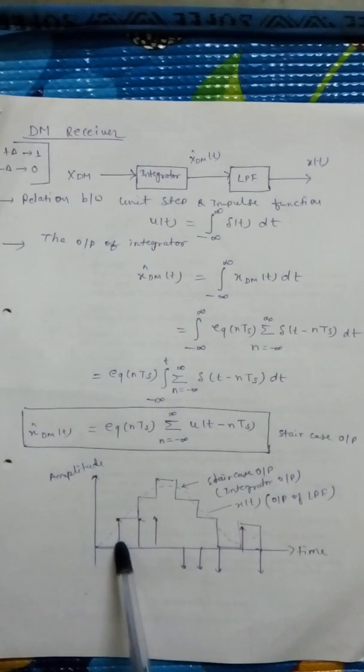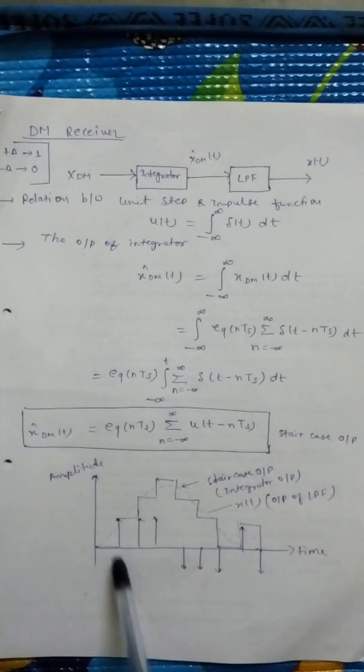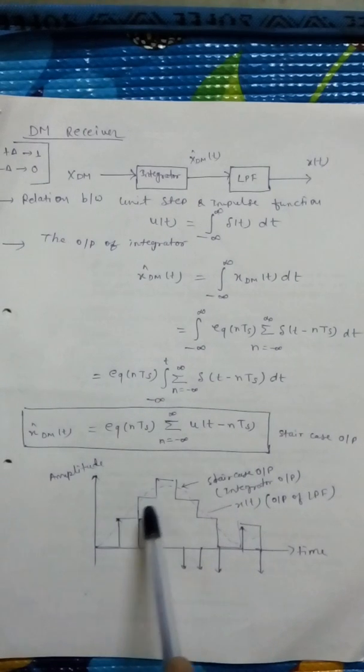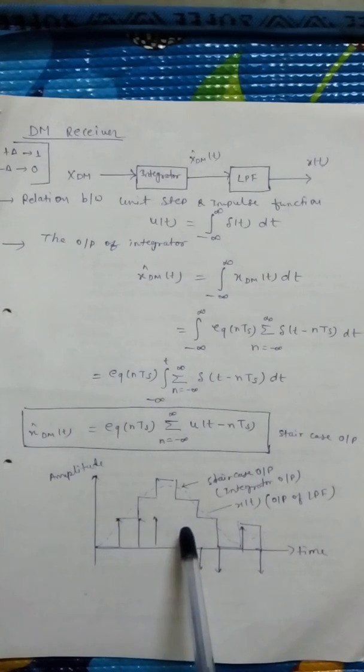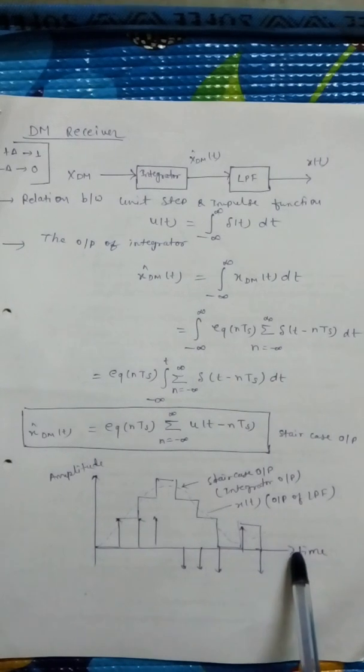So this staircase output is produced by the integrator, and when this integrator's output is passed through the low pass filter, then we get our original message signal, that is x(t).